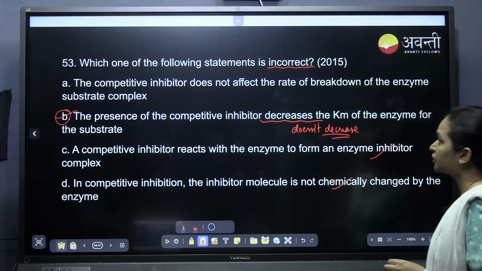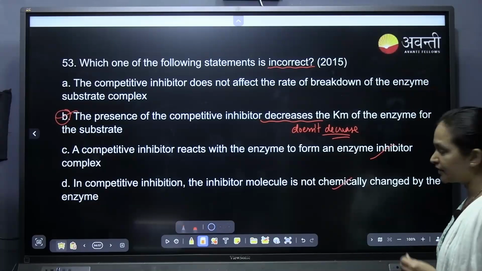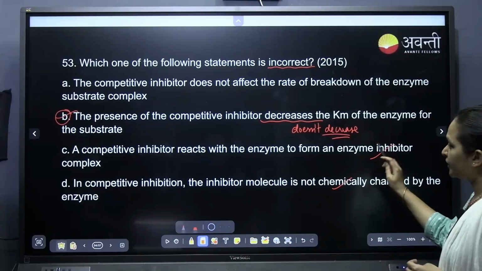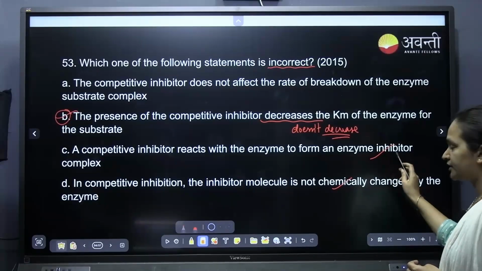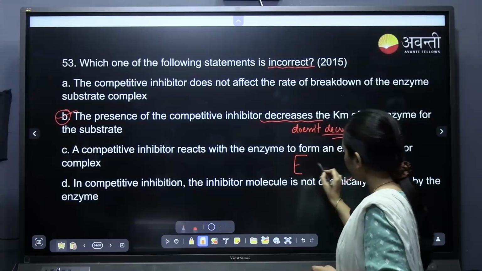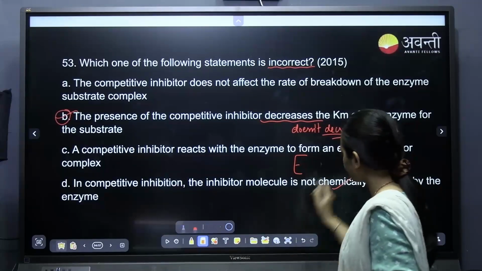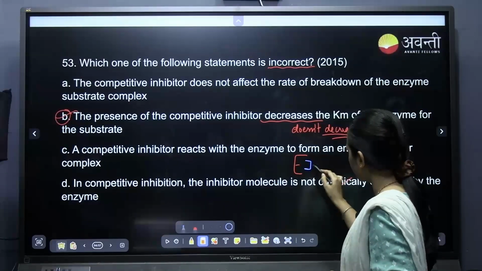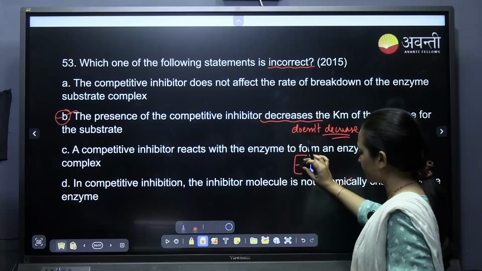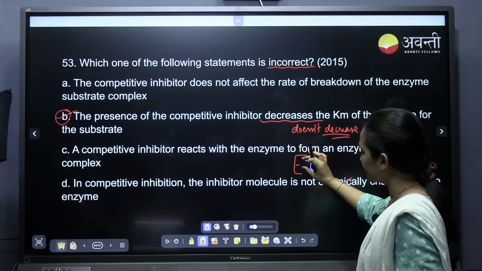Understood? The competitive inhibitor does not get chemically changed. This is also correct. And the competitive inhibitor acts on the enzyme to form an enzyme inhibitor complex, which means if this is the enzyme and this is the inhibitor, it just goes and binds with this, making the enzyme inhibitor complex.